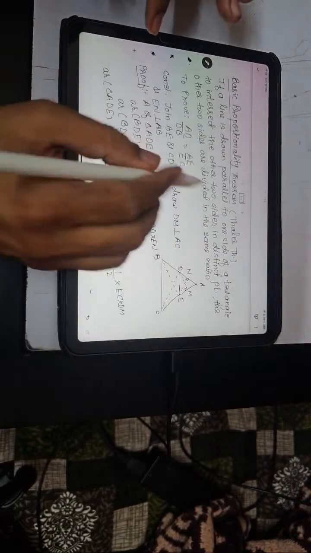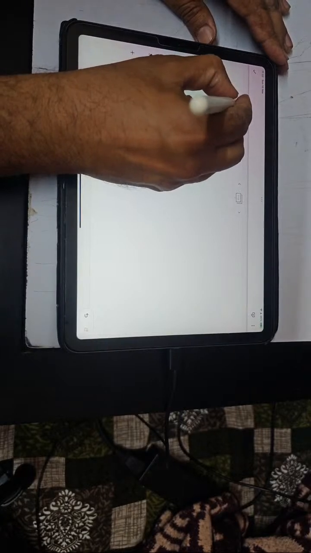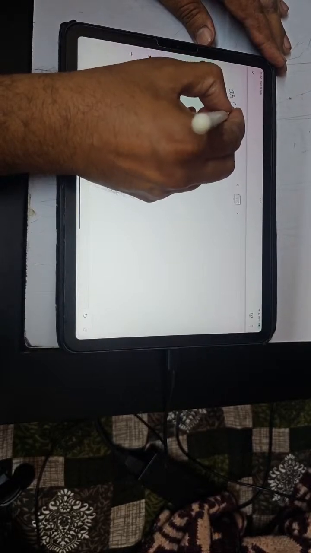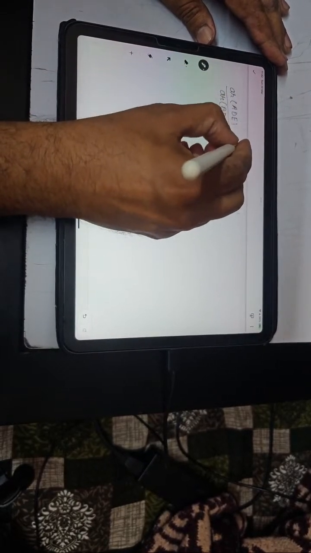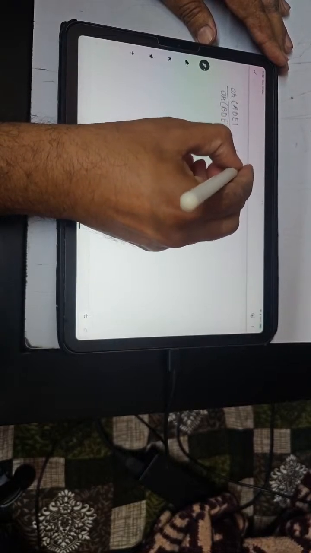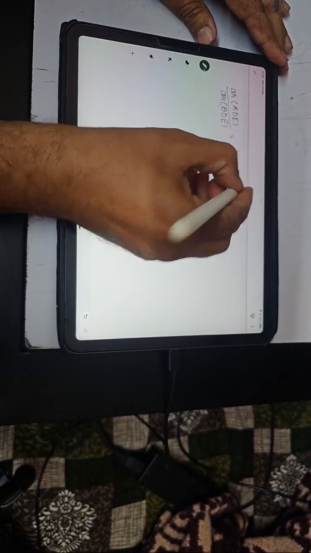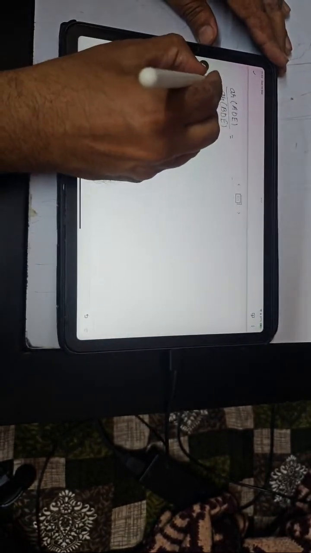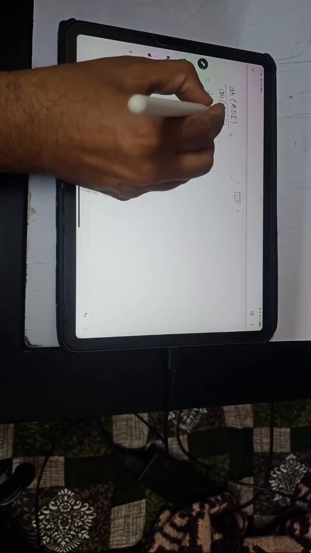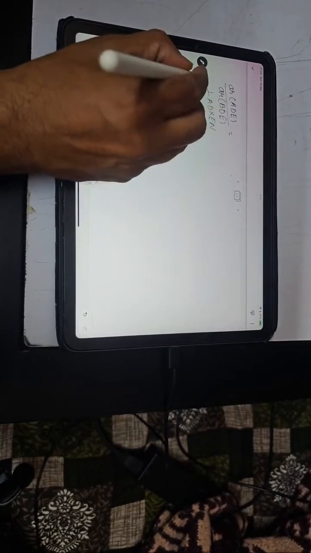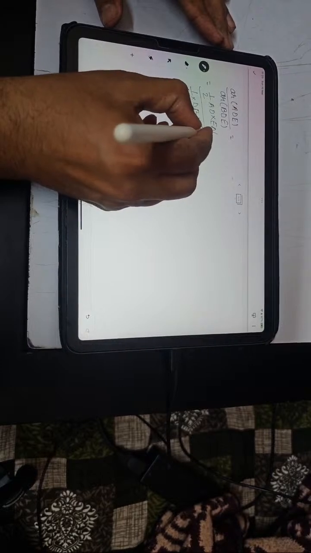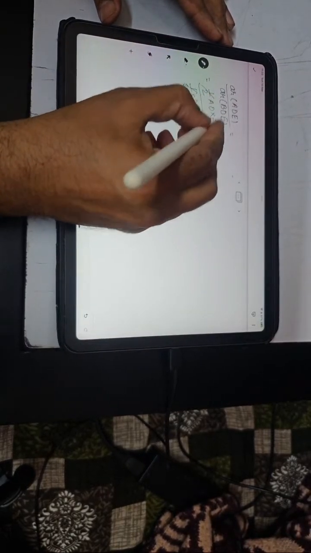Now, see, moving ahead, I can say area of ADE upon area of BDE will be equal to half into AD into EN whole upon half into DB into EN. So see, half cancels, EN cancels.